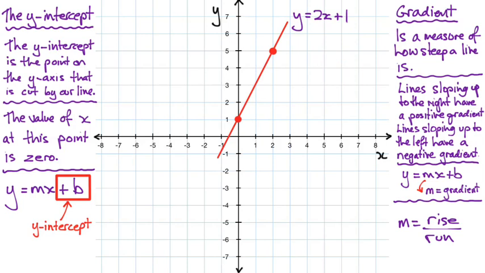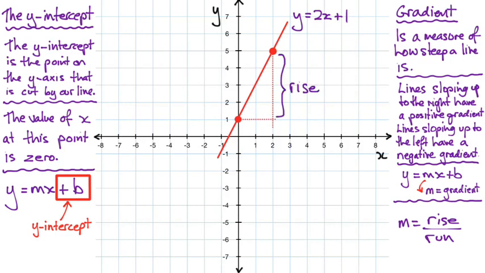If I take 2 points, any 2 points on that line, in this case I've taken the point 0, 1, which is the y-intercept, and the point 2, 5 up here. I can draw a right-angled triangle by taking lines that run down from the top point and across this point, and at this point they join and make a right-angled triangle.